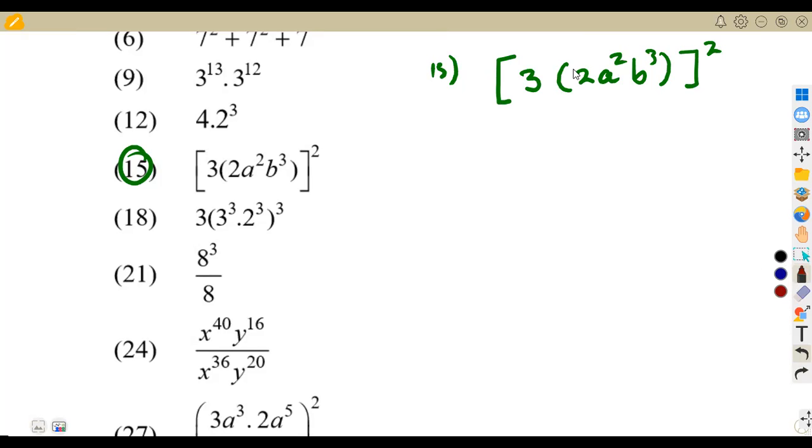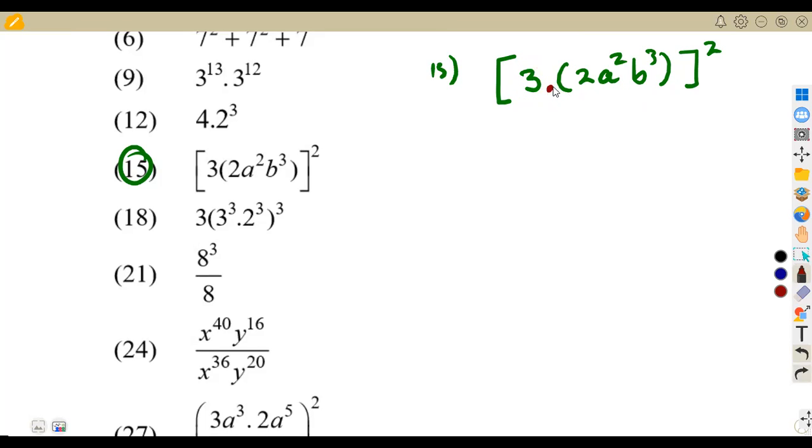We see there is an exponent here, and we said every exponent must affect everything inside of the bracket. In this case, it is going to affect these two that are multiplying, the 3 and the bracket.